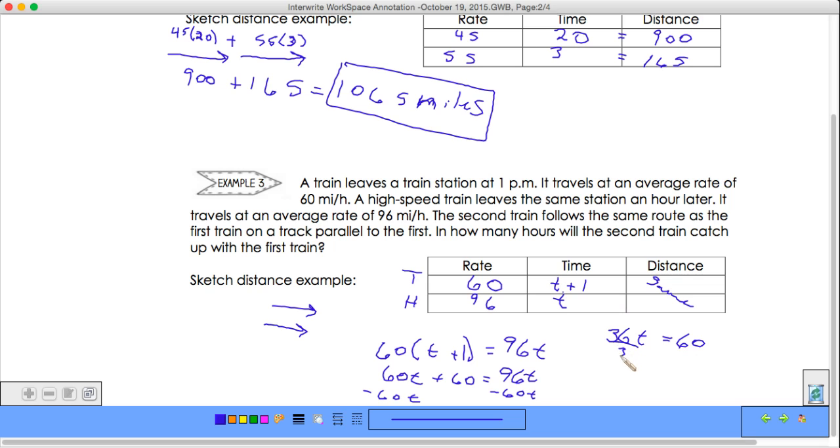Divide both sides by 36. I get t equals 1.6 hours. So it will take the second train 1.6 hours to catch up with the first. All right, let's get a new one.